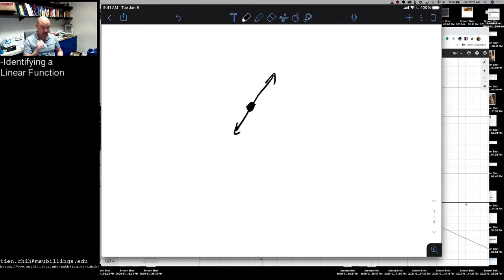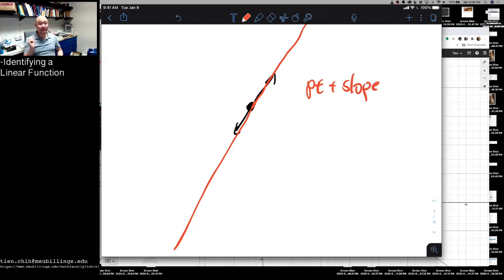So if you know where you're starting and you know what direction you're going to be headed, then sure, this can be extended out to be a line, and there's only one line that it could be. So a point plus a slope is enough to identify a line.